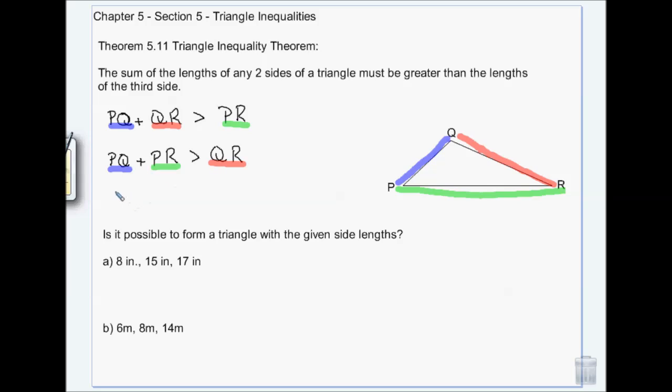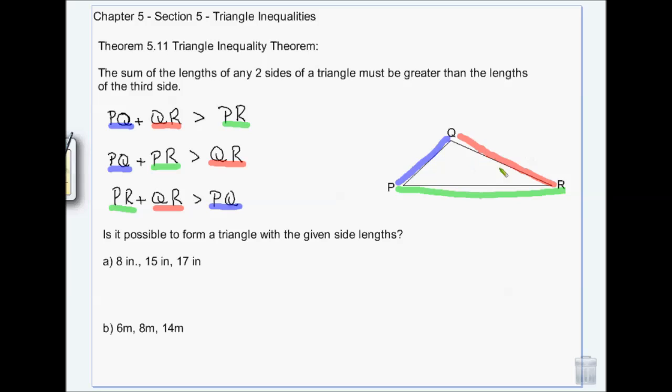And finally, if I add PR and QR, it has to be greater than PQ. Can't be equal, has to be greater.